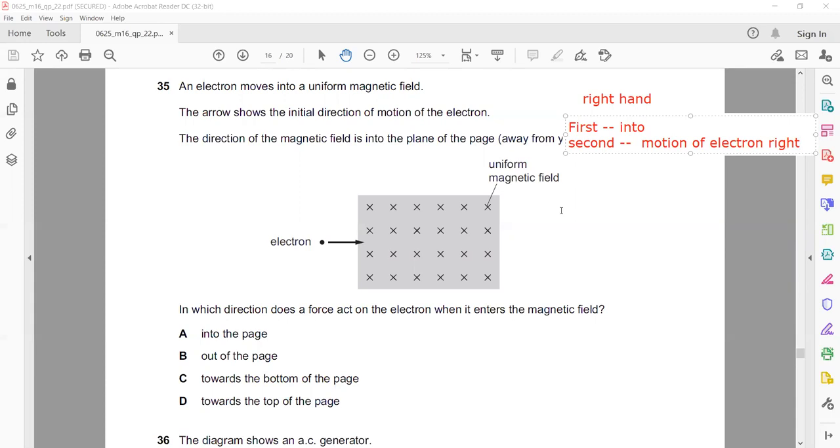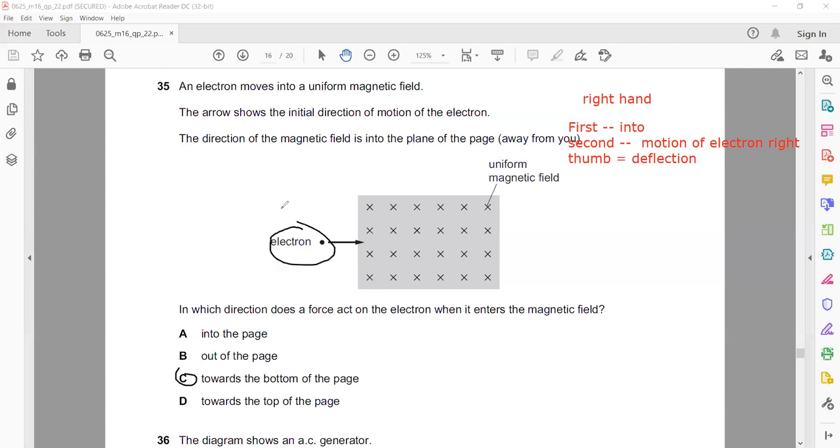Where your thumb is pointing when you apply the rule, the thumb will show the deflection. When you apply the rule, it will point to the bottom. So the index finger points into, the second finger shows the direction of motion of the electron, and the thumb is pointing down, so it will move towards the bottom of the page.